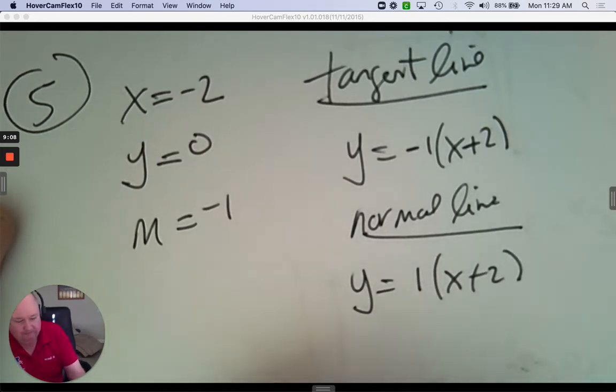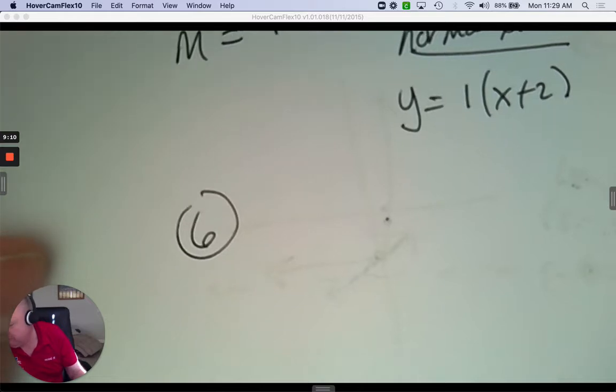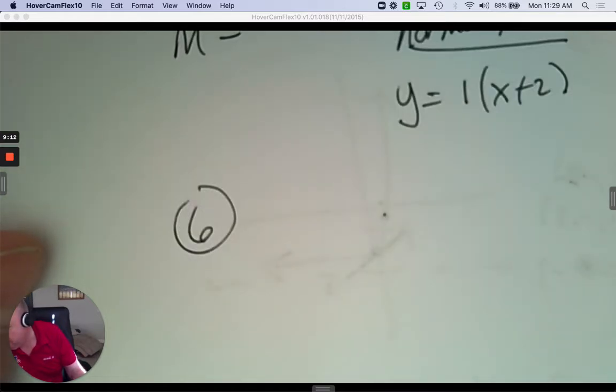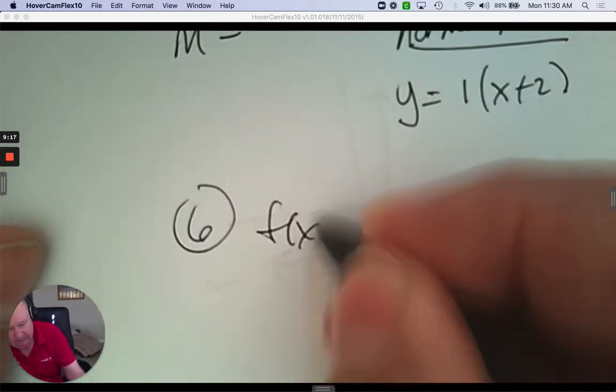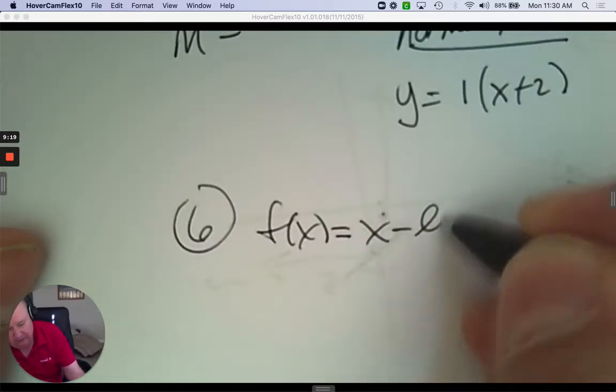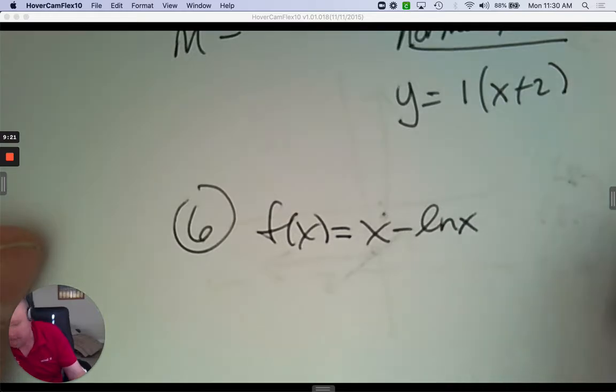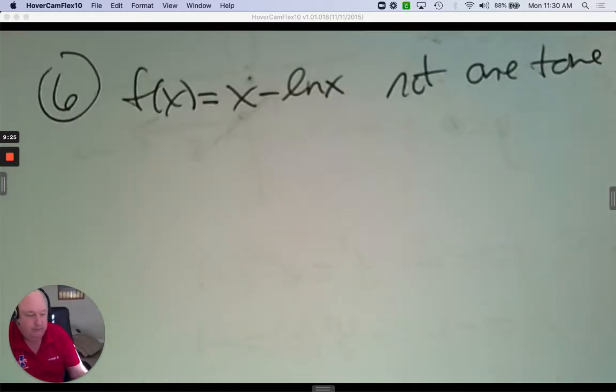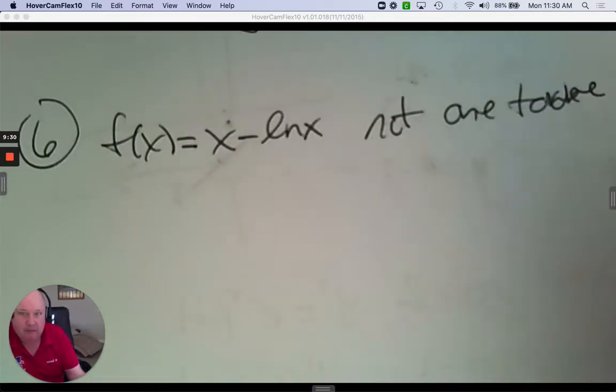Number 6. In number 6 it says, use a first derivative number line to show that f at x equals x subtract ln x is not 1-to-1. All right, so how can I show it's not monotonic?